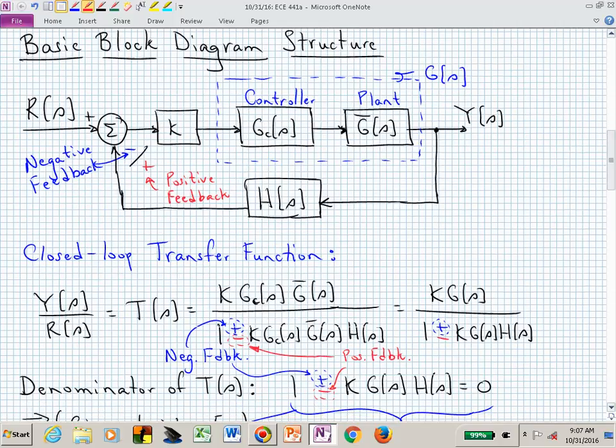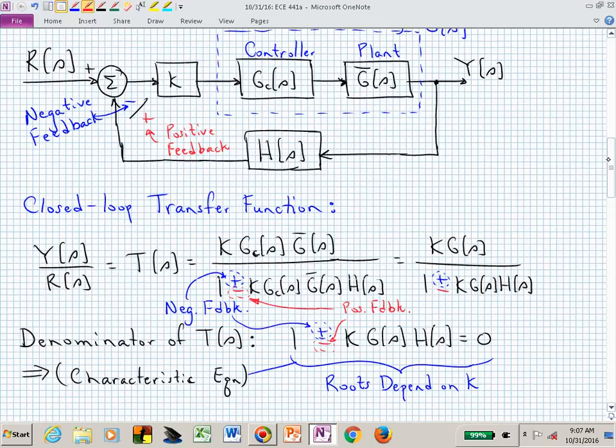We'll just have unity output feedback, and it'll be negative. But h of s is written in this 1 plus k g of s h of s to remind us that it's potentially there. A lot of times we will just have nothing, or just a straight connection of 1 as h of s in the feedback path.